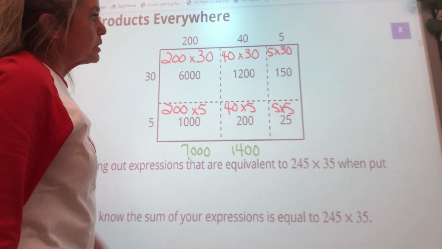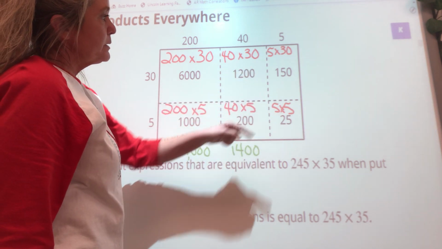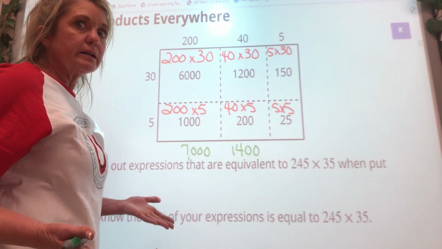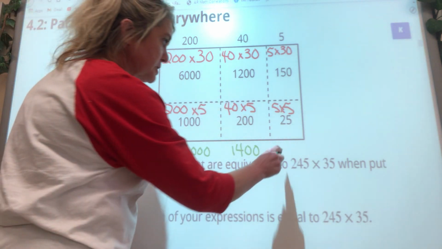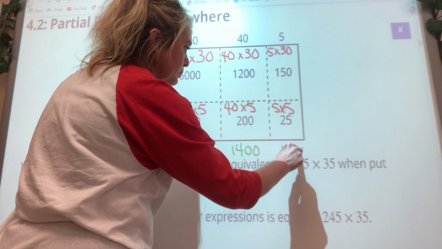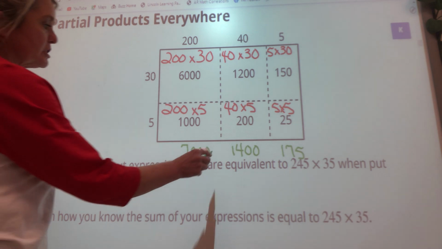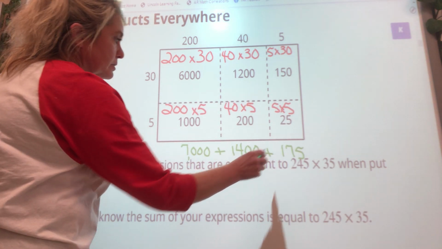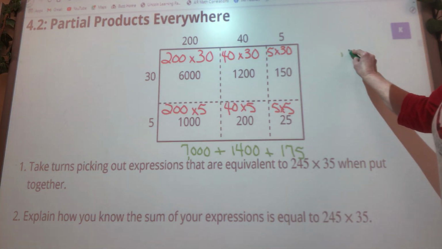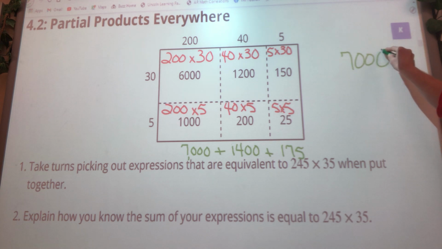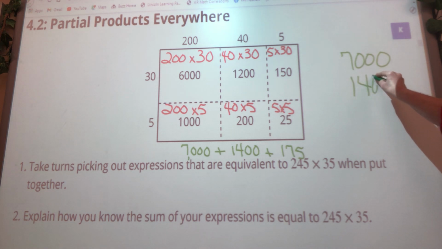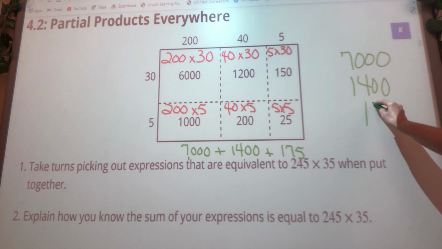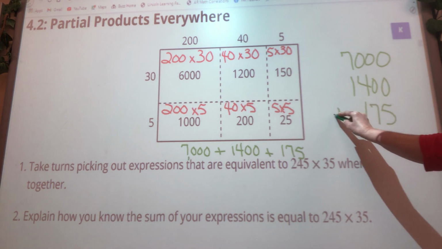And the last one, 150 plus 25. Well, if I had $1.50 and you gave me 25 cents, I'd have 175. And then I can just add all of these together. So I have 7,000. I have 1,400. And I have 175.